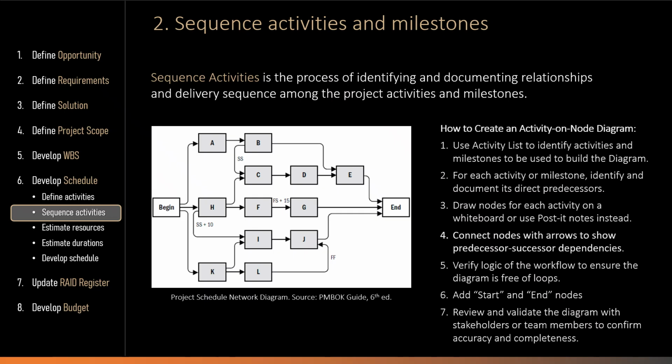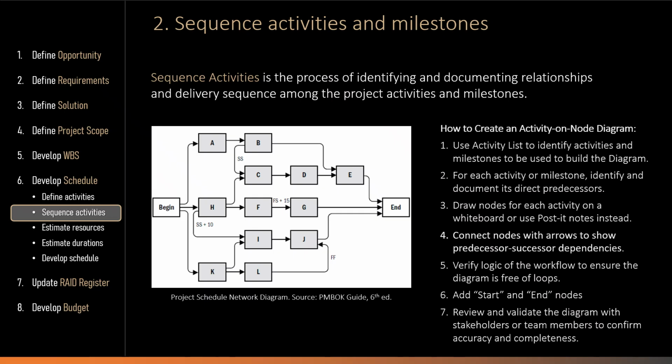And once the team is satisfied with the general flow, draw arrows between the activities to show the dependencies. This approach has two benefits. First, it helps you create the network diagram in a simple and visual way. Second, it helps the project team develop a shared understanding of how the work is connected.